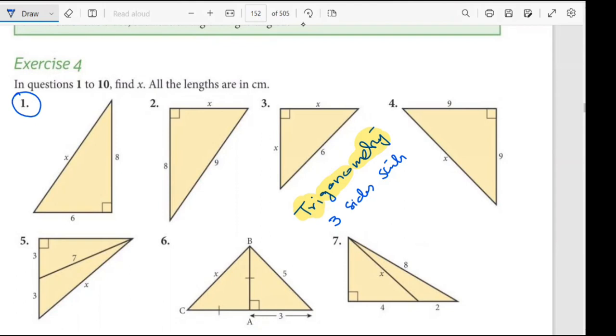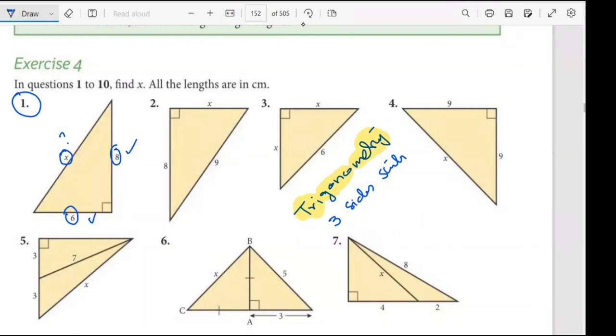So in question number 1, you have 1, 2, and 3 sides. Out of these 3 sides, we know 2 sides, and the third one we have to find. Now, let's know about the names of these sides.